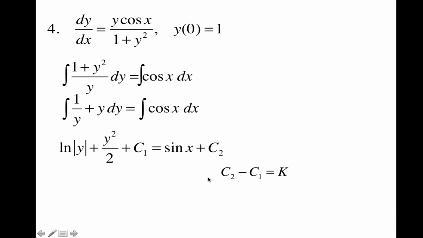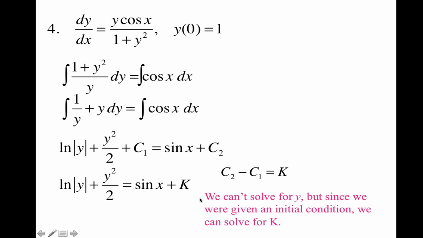So now I can go ahead and get my constants onto one side. Now at this moment in time, I would go ahead and plug in my initial condition for x and y and solve for k. The reason I would do that now is because we can't solve for y. We have y's inside logs and then outside logs.